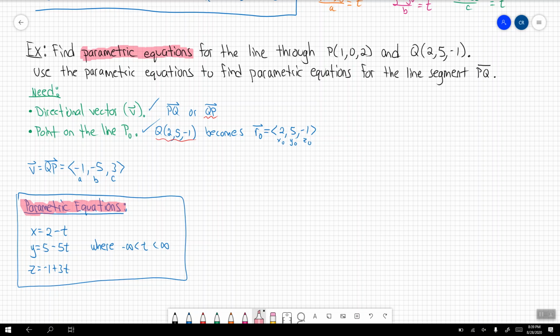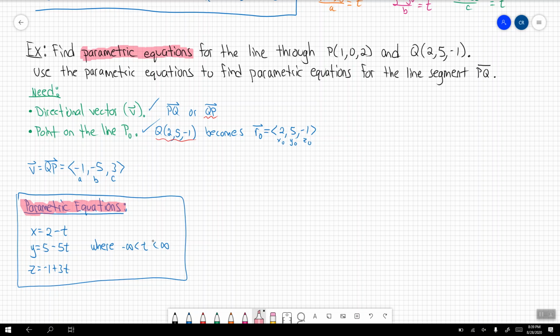The verbiage for the very first question was that we needed to find parametric equations for the line. That's the whole line. The verbiage for the second question says use the parametric equations to find the parametric equations for the line segment. A line segment is just a piece of the line, not the whole line.